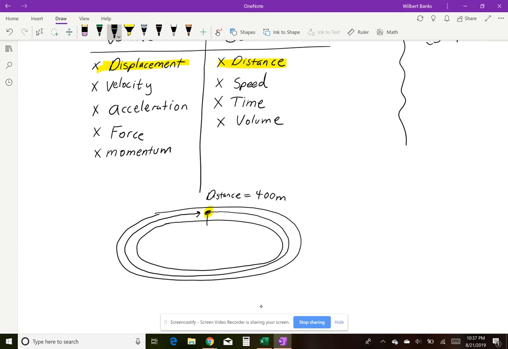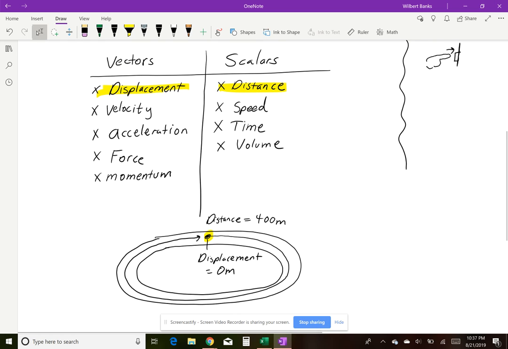So their total displacement is actually 0 meters because they finished exactly where they started. So that's how distance and displacement, and vectors versus scalars, work inside physics.